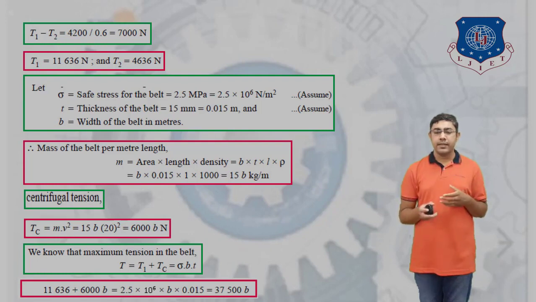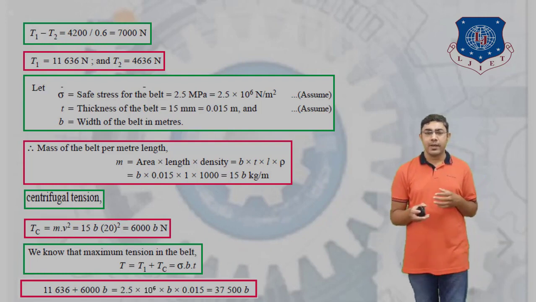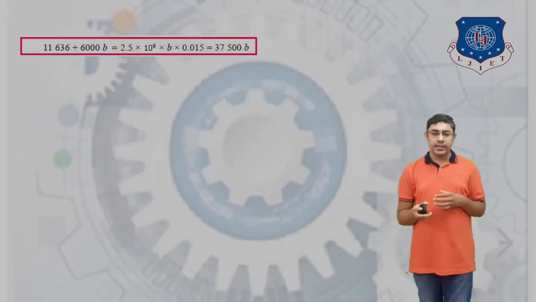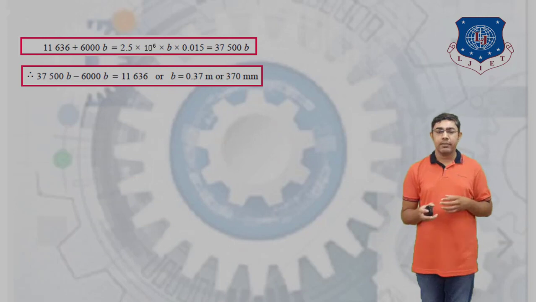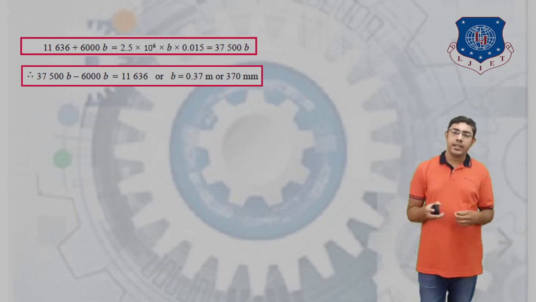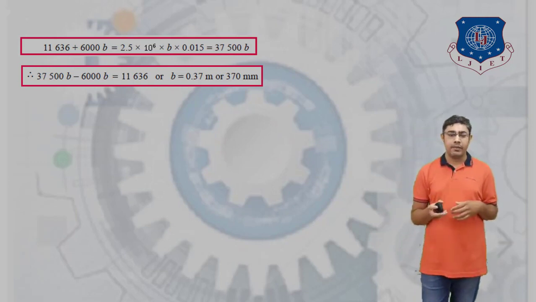If we simplify this, we get 37,500 b. So I recall these equations, and if we further simplify, we get the value of b equal to 0.37, that is 370 mm.